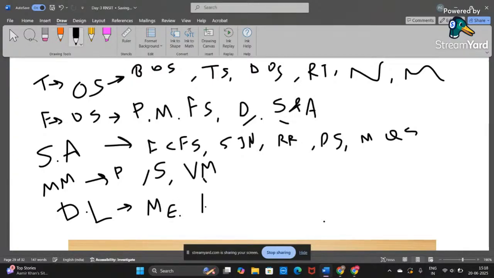Then hold and wait. Then no preemption, we have seen. No preemption means a resource cannot be forcibly taken from the process. Then circular waiting. We have seen about circular waiting.